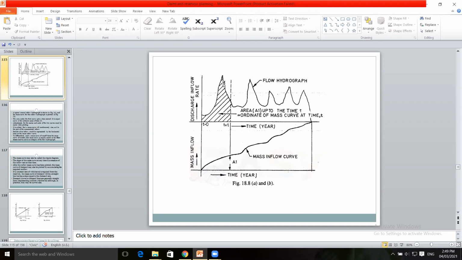Flow hydrograph, the graph between discharge inflow rate and time in years. This graph shows the flow hydrograph, and this graph shows the mass inflow curve. त्यावरनं काय कळेल? The inflow किती आहे? Inflow in the reservoir and outflow in the reservoir किती झालेले? From that you get the storage capacity.